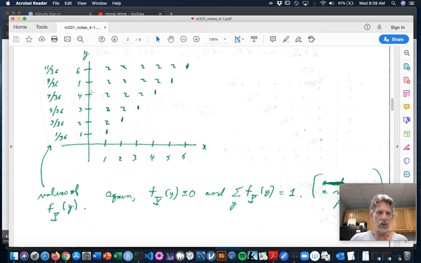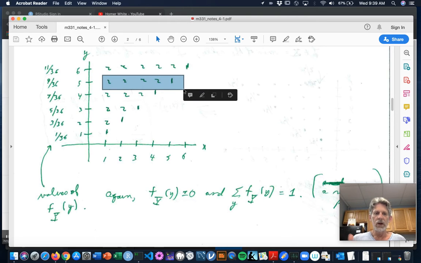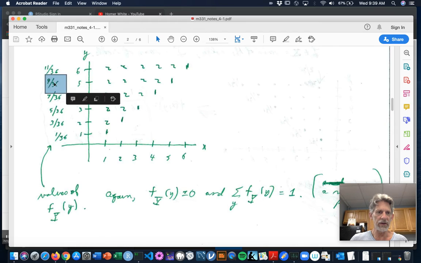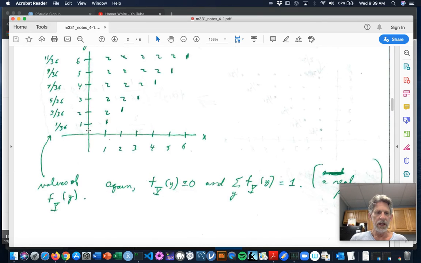So for example, f sub capital Y of 5 would be the sum where x is 1, x is 2, x is 3, x is 4, x is 5 of those chances, and that again is 9/36. And same for all of the other little y's, okay?